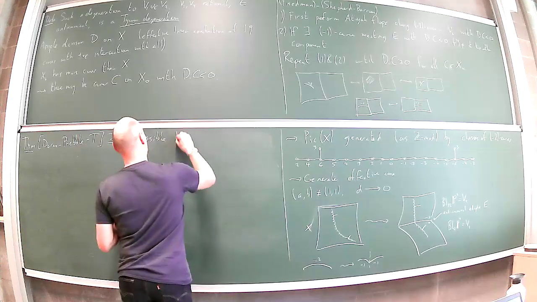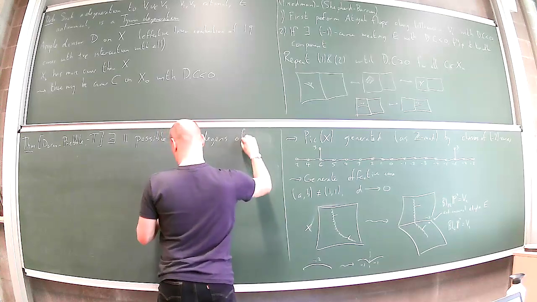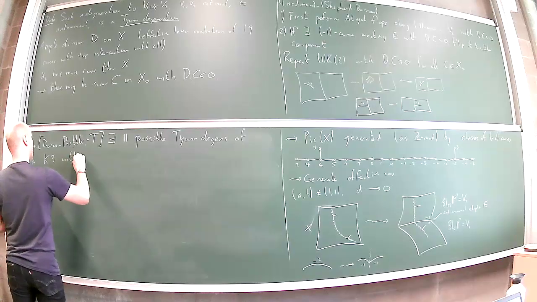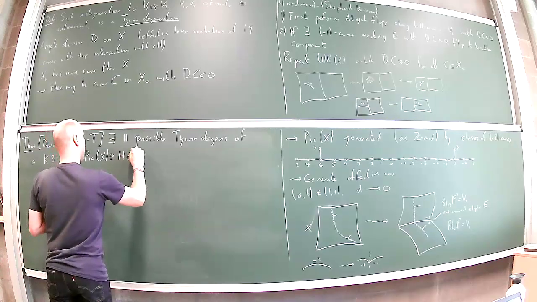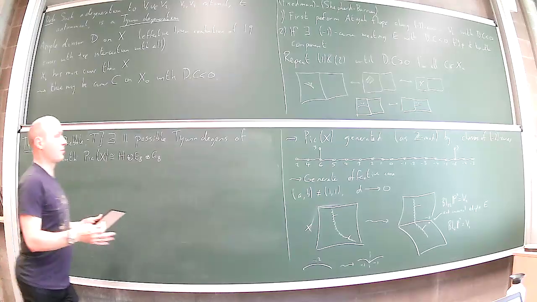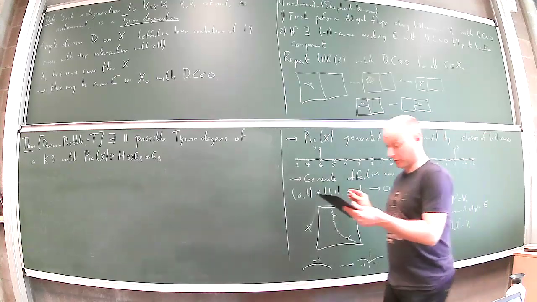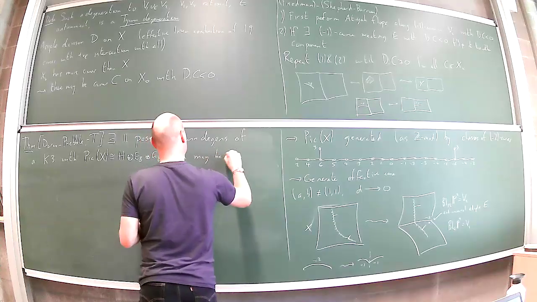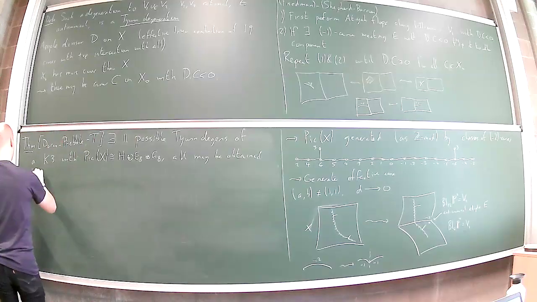There are 11 possible Type II degenerations of a K3 whose Picard group is this rank 18 thing. So for this specific K3 that I had at the start, there are 11 possible Type II degenerations you can build on this, and let's say all may be obtained by this process.